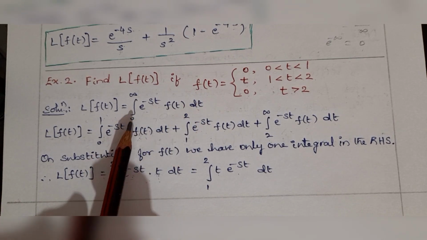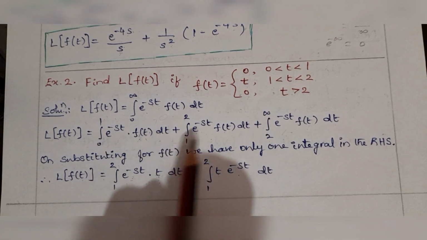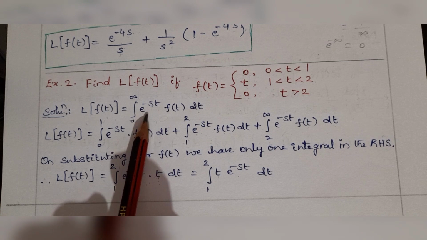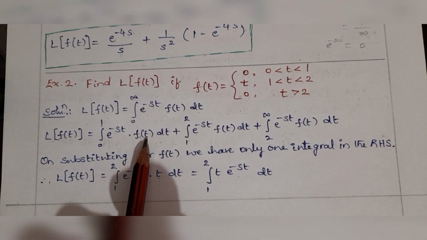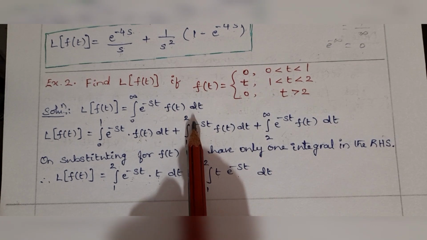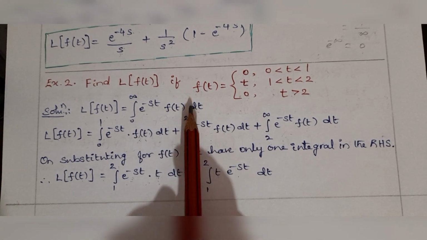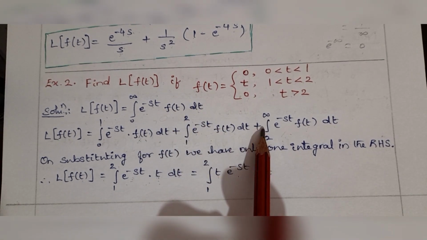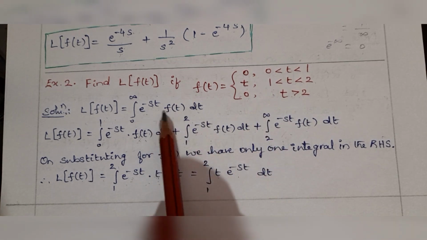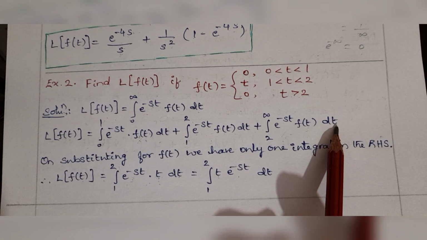Next, put the intervals. First interval is 0 to 1, plus next second interval is 1 to 2, e power of minus st f of t into dt, plus third interval is 2 to infinity, e power of minus st f of t into dt.